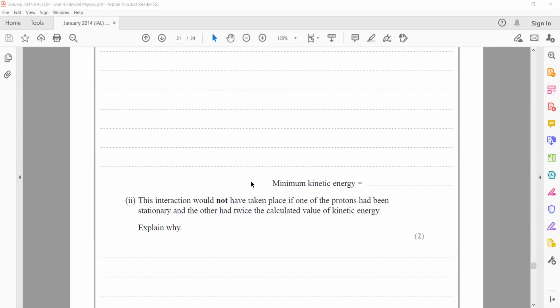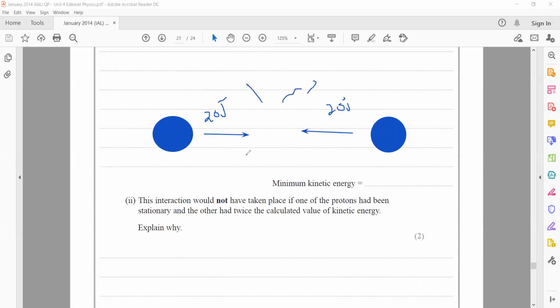Like if two protons are moving towards each other, if the kinetic energy of this one is 20 joules, for example, this is just an example, the kinetic energy of this one is also 20 joules, and the interaction occurs, producing the particles.